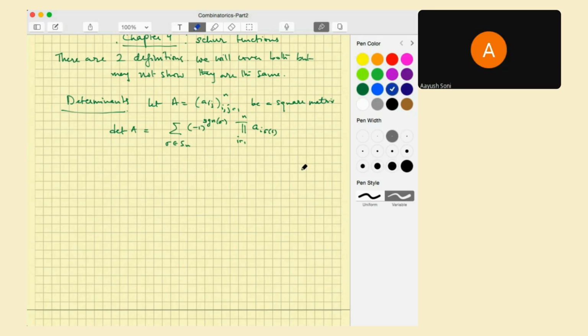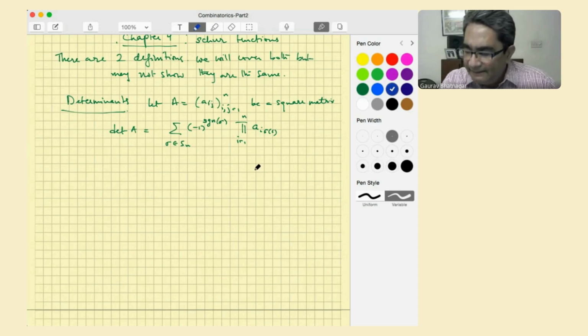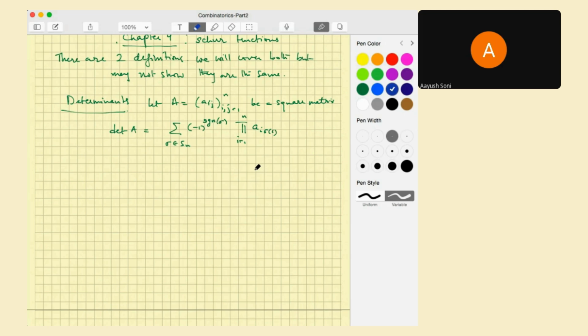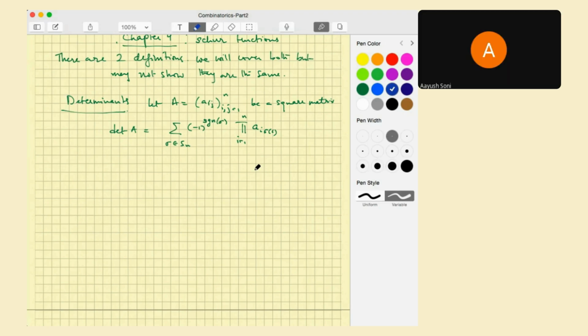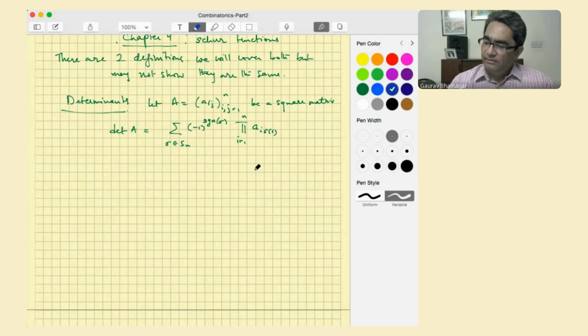Professor, in our Algebra 1 course. Huh? In our Algebra 1 course, we did see it. Okay, but not necessarily everybody has seen Algebra 1, is it? I don't think Dhruva has. Okay, fine. So good. Then I'm not wasting your time. Anyway, it's good to see these things again and again. So I have to tell you this.